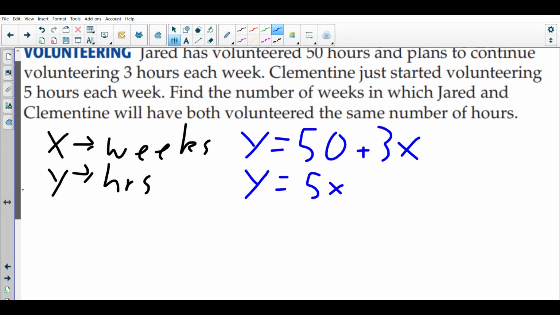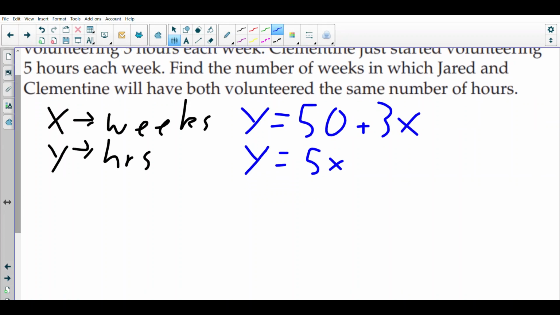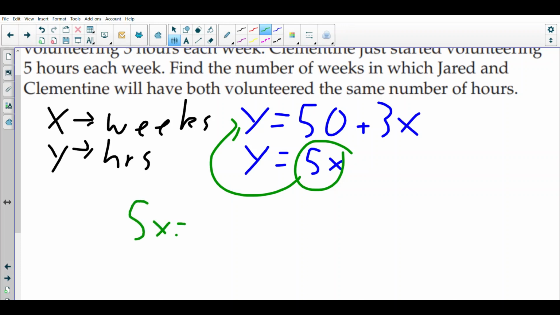Now for this one, we could try to do elimination, or we could do substitution. I'm going to do substitution in this case. I'm going to take that 5x and plug it into the y on the other one. So now I just have 5x is equal to 50 plus 3x. And I'm right back to basic algebra. Subtract the 3x from both sides.